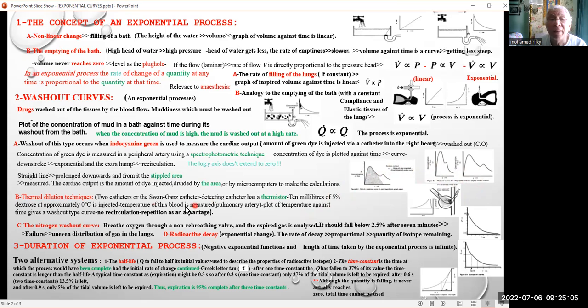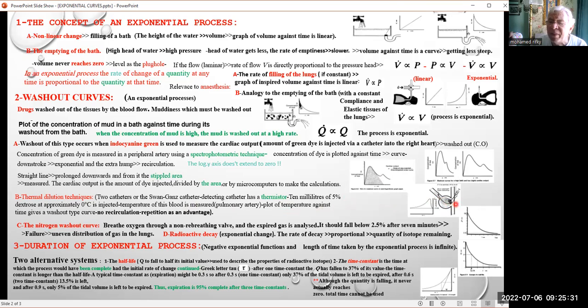The second thing is the thermal dilution method, which is the famous one used, where we use a pulmonary catheter that has two routes, or of course we can use the Swan-Ganz catheter. The first route reaches the right atrium or the superior vena cava, and the second one is utilized to have a thermistor.